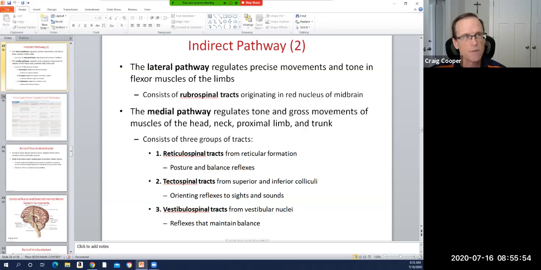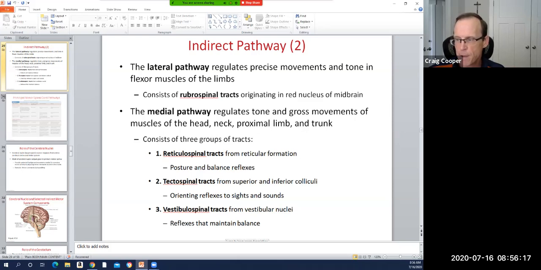That's a portion of the pons and the medulla that does a number of different things for us. One of the key things that the reticular formation does is control sleep and wake cycles and our level of alertness, being conscious and aware of things. And so those reticulospinal neurons control balance and posture.